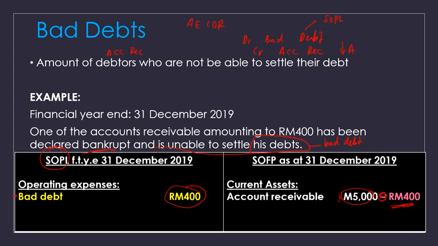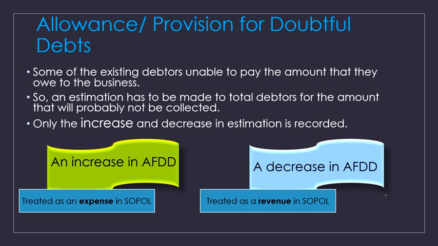Okay, so next we look at allowance or provision for doubtful debt. Some of the existing debtors are unable to pay the amount that they owe to the business, so an estimation has to be made to total debtors for the amount that will probably not be collected.